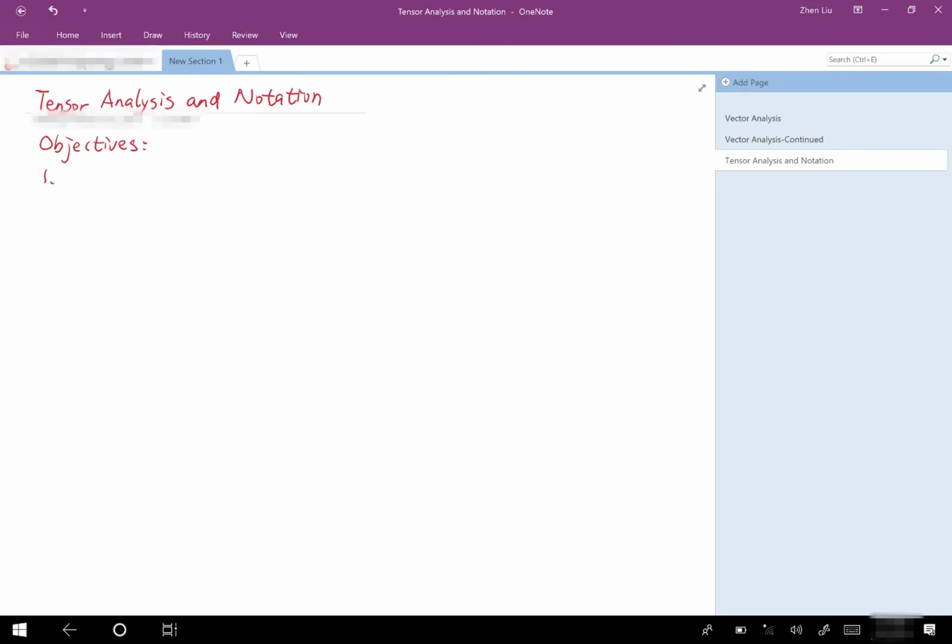There are two. So the first objective, you guys need to be able to define and use tensors and tensor operators.